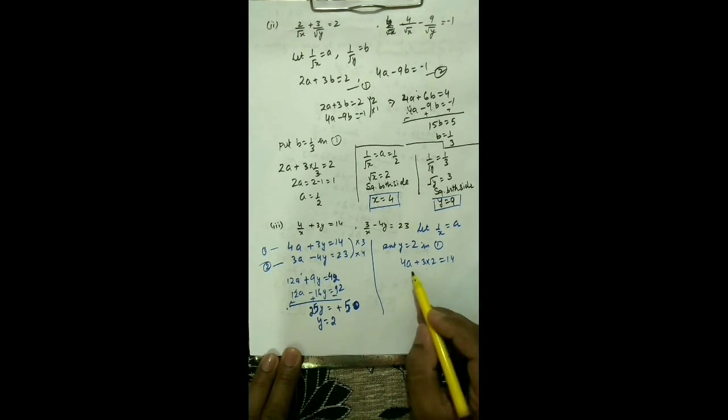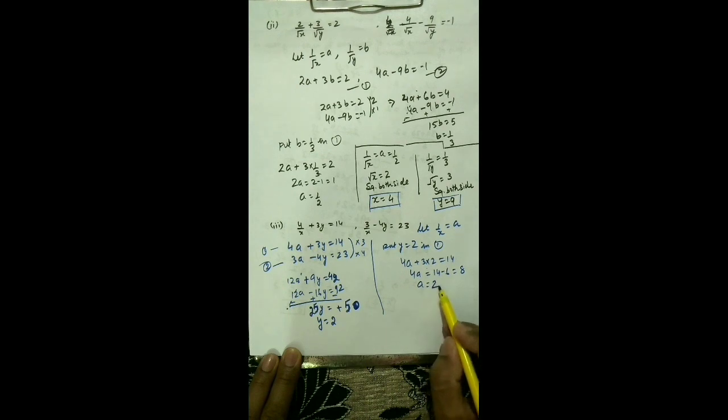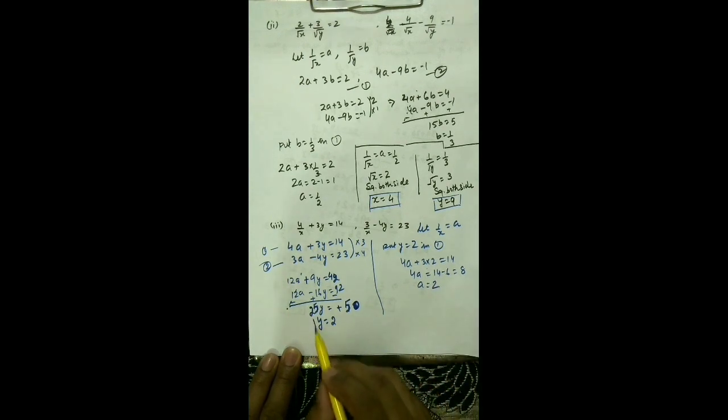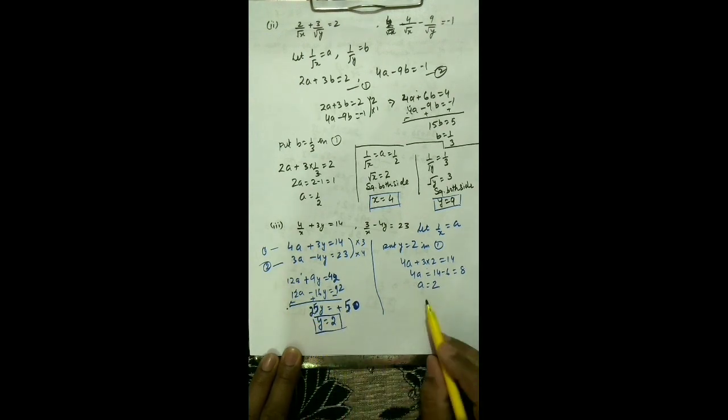So you do the difference, 14 minus 6, and you are getting a as 8, so a value has come as 2. But ultimately you wanted the answer in x and y. So you assumed in the beginning that 1 upon x equal to a and a equal to 2. So now if you do the reciprocal, then x will be 1 by 2. So this is your final answer.